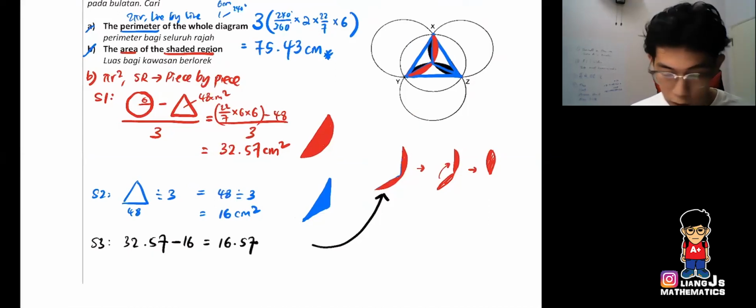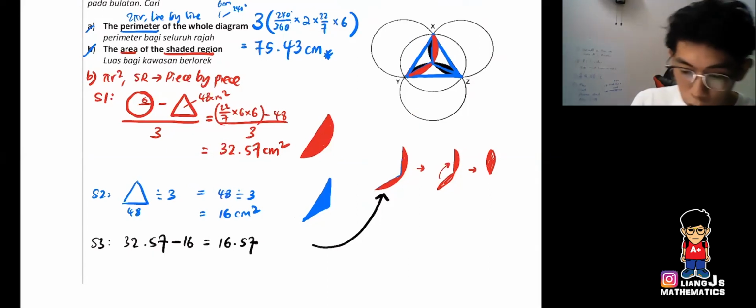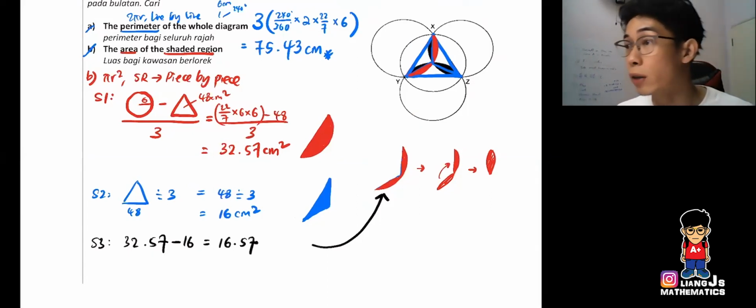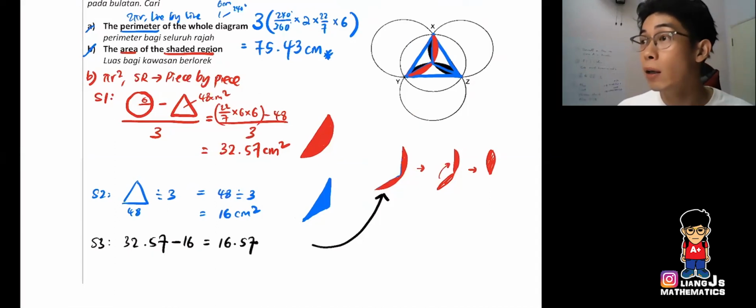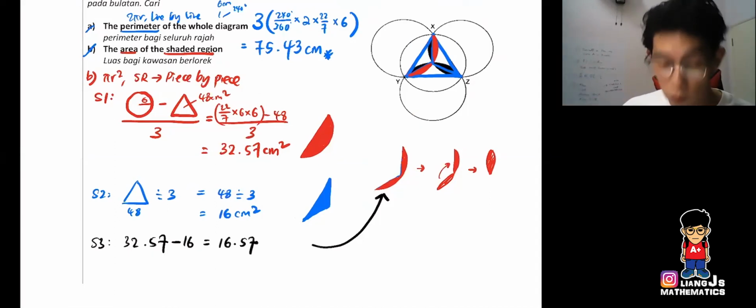Sorry, let me check the answer first. Oh, sorry, this one I typed wrongly. Thank you very much, Sengda. Thank you, Wesley. Thank you very much, because I wrote wrongly on that.